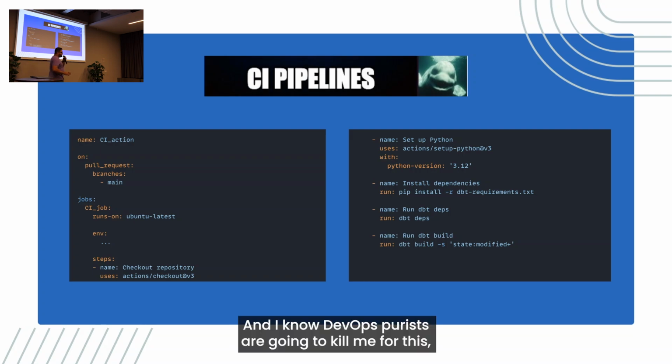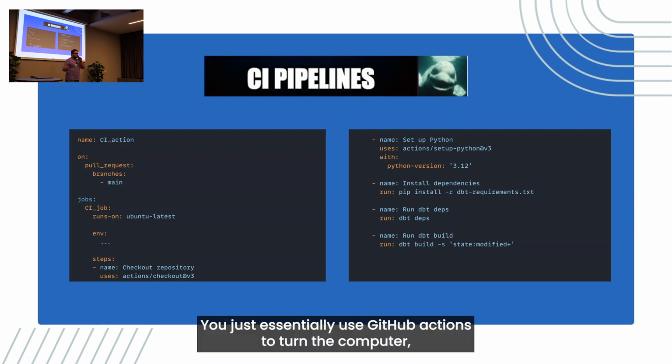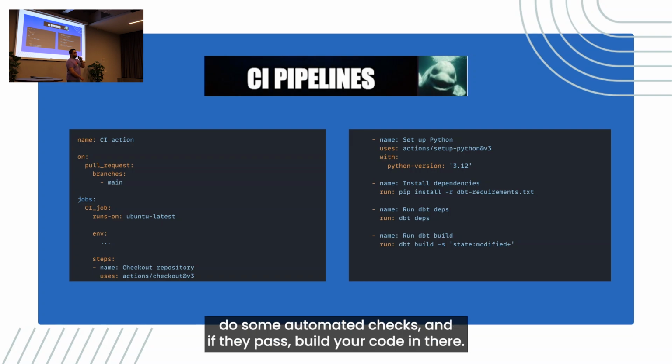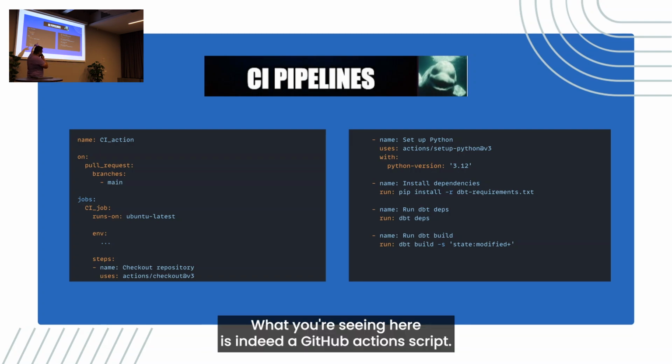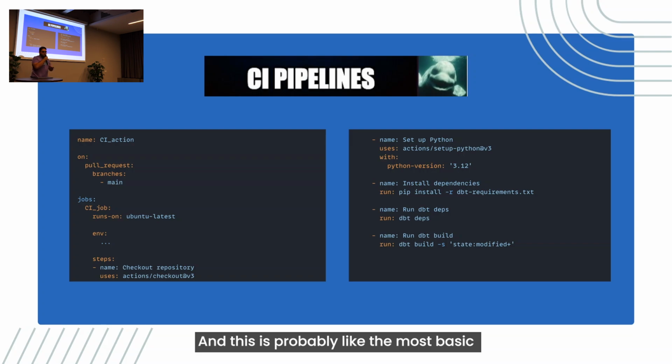And I know DevOps purists are going to kill me for this, but I'm just simplifying all of that for data people. You just essentially use GitHub Actions to turn on a computer, do some automated checks, and if they pass, put your code in there. What you're seeing here is indeed a GitHub Actions script, and this is probably the most basic script that you can imagine.